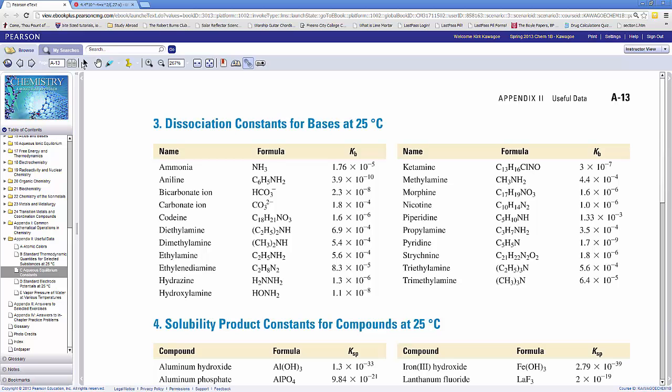And if you look, methylamine, let's go down here under M, methylamine is right here. What I find useful is that these values are listed both alphabetically and by formula, and so you can see that the Kb value for this reaction is 4.4 times 10 to the minus 4. This is a little bit easier than working with the conjugate base of a weak acid because you don't have to go through the intermediate step of calculating Kb for the problem.